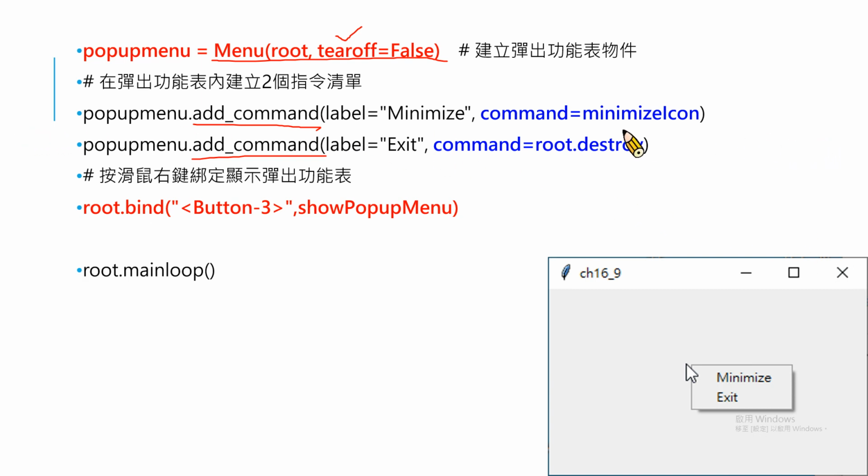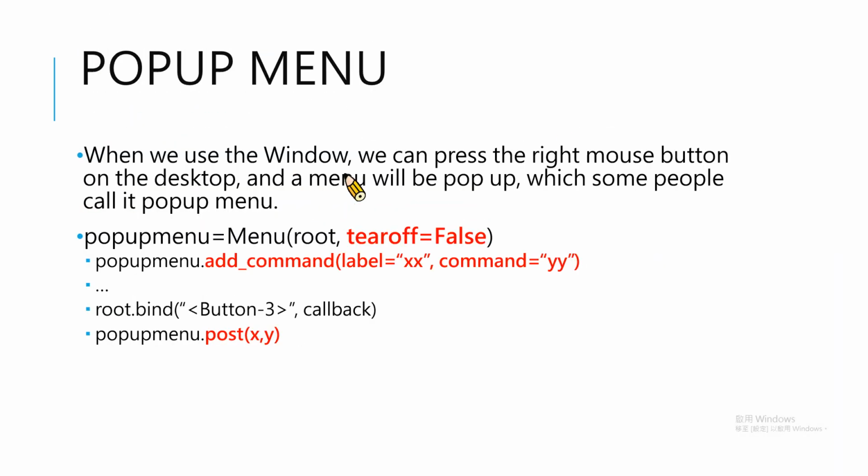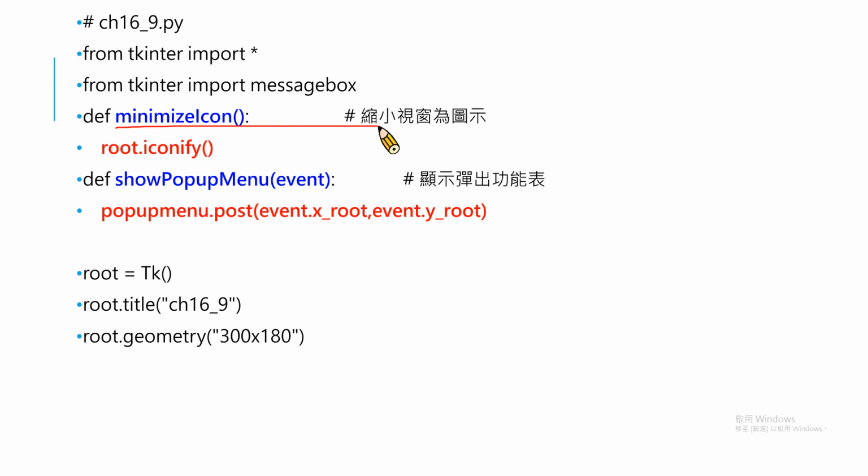And in minimize, we just want to minimize the window to an icon. So here we call a user function called minimize icon. We use the iconify method to minimize the window into a small icon.